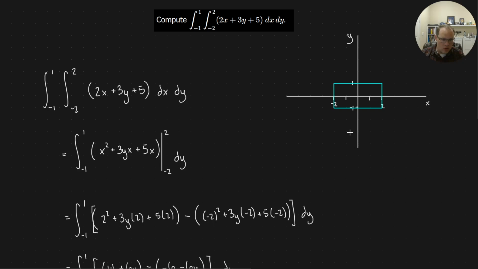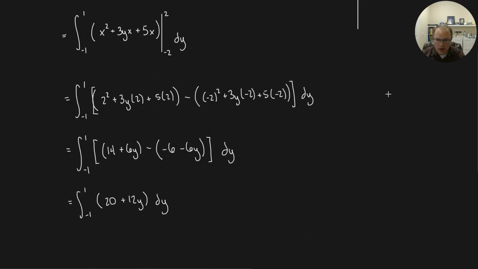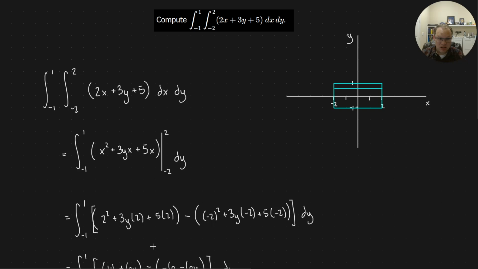At y equals, I don't know, 1/2, right about there, if I integrate with respect to x, I get 20 plus 12 times 1/2. That's 20 plus 6, 26. So the area, not volume, the area under the surface along just this one line would have been 26.